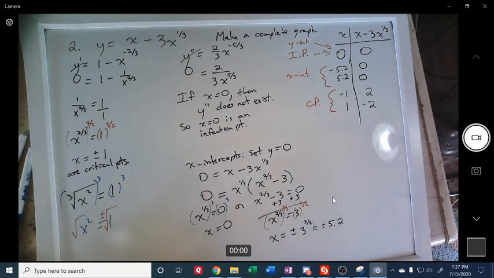Okay, let's make our intervals now, the big old table, intervals of decreasing, intervals of increasing.